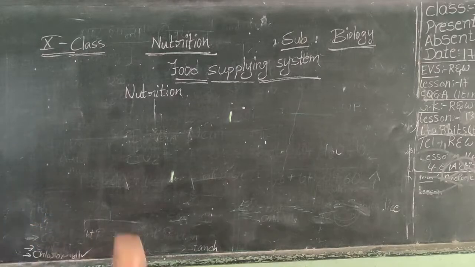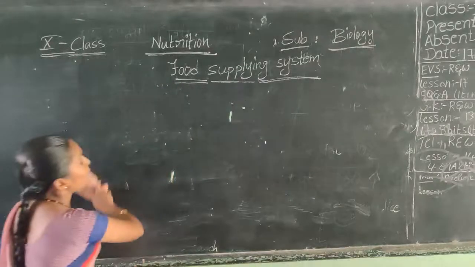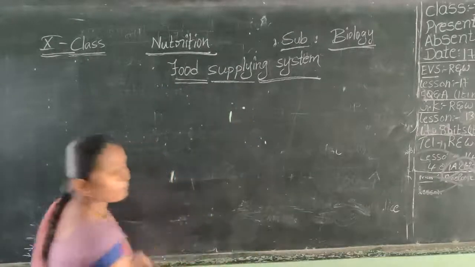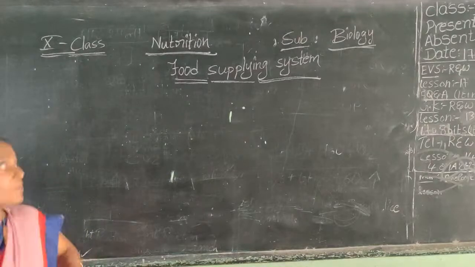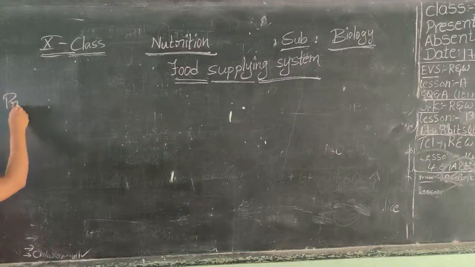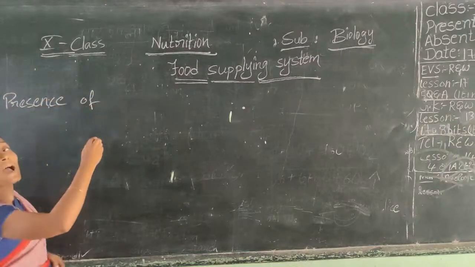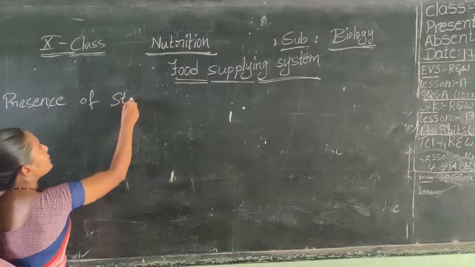Now I'll explain the first activity, that is, the confirmation test. If the plants are able to prepare their food by using these 4 factors, then yes, they have to prepare. So, the presence of starch. Starch is a polysaccharide.